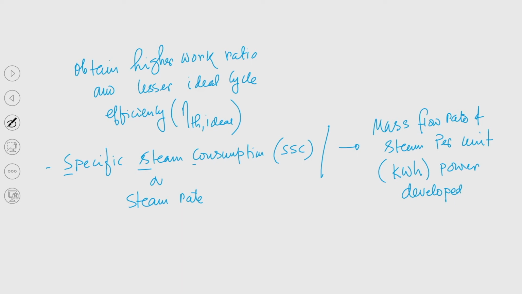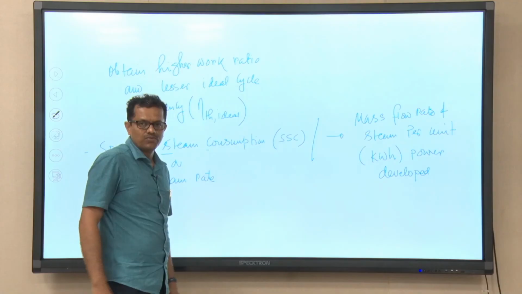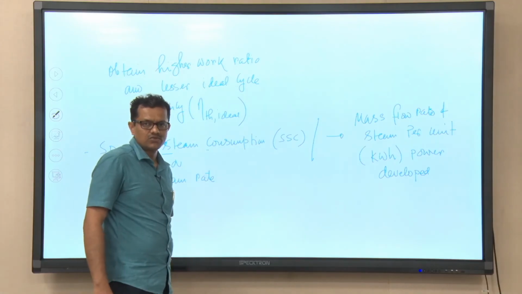Right. So, this is basically mass flow rate of steam per unit power developed. Again, I will be discussing these two indices again.